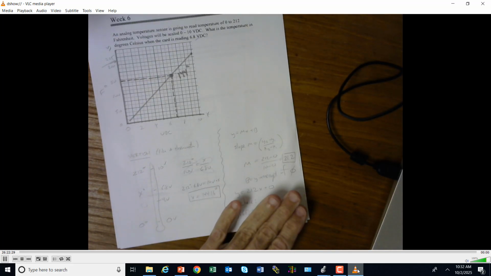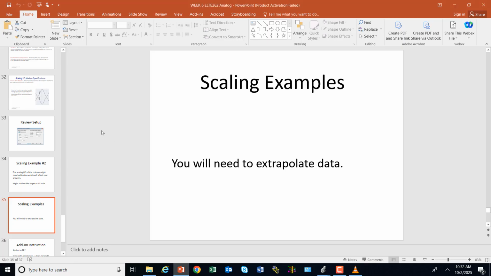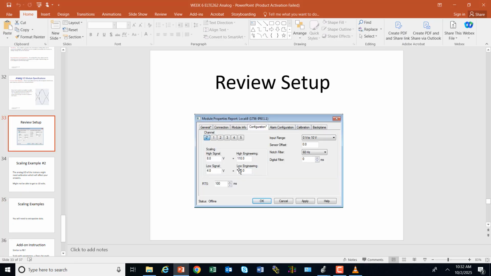Bang. You could do it here as well: set this to 4 volts, and then ratio this and get your number right here. But if you have the equation of the line, y equals mx plus b, you can do this.